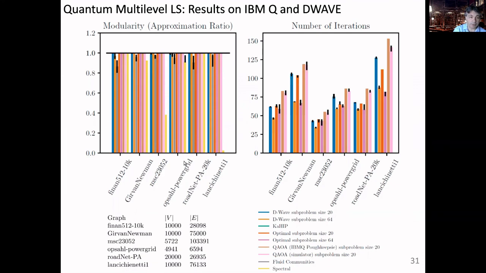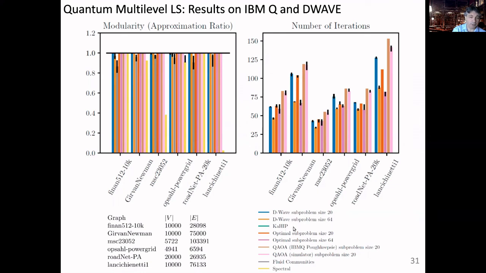So these are the graphs. You can see the sizes of the graphs. And what you see here is the ratio between the best known and our algorithm, and that's the line that shows the best known solution. So we have tried to tackle this problem with different subproblem sizes on D-Wave with 20 variables, 64 variables.